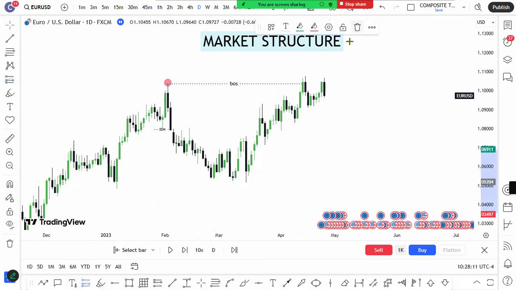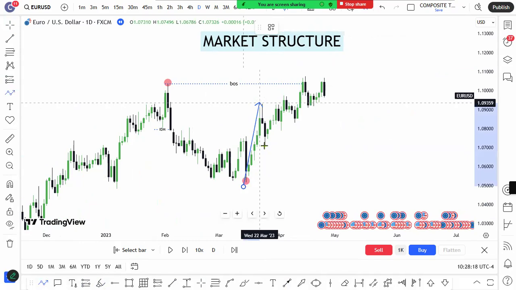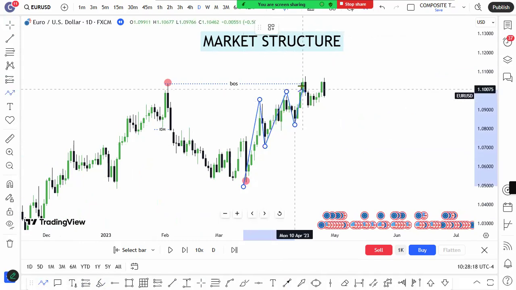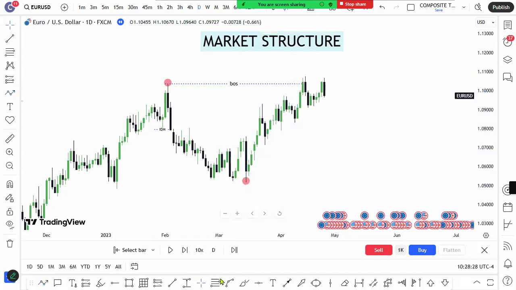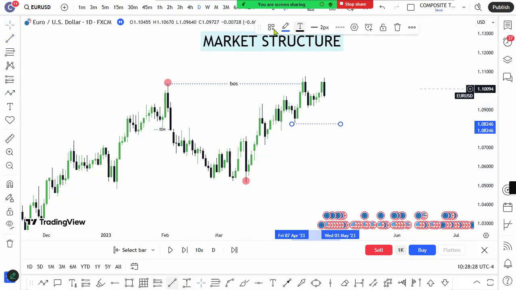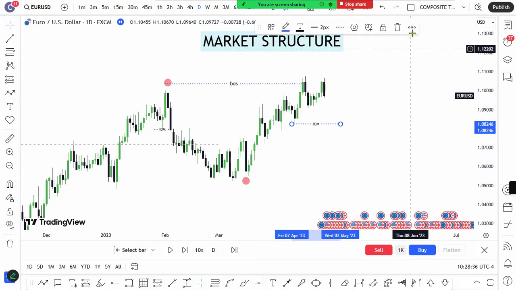Look at this, the first pullback, this is internal, next one. If price takes out this inducement, this low, we continue looking for a long position, a buy. Price has room to come even past that area.